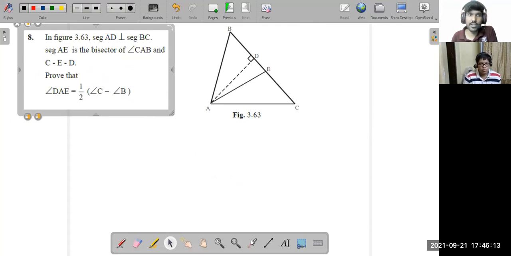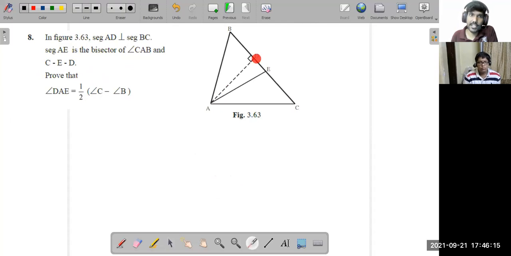Okay, so in this one, AD is perpendicular to BC. Segment AE is a bisector of angle CAB. That means it's an angle bisector, so this angle and this angle will be equal to each other.